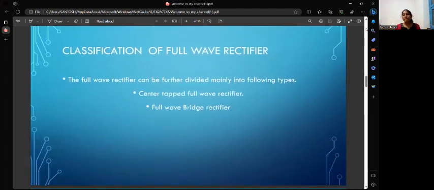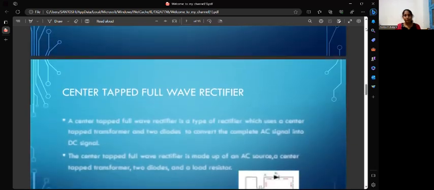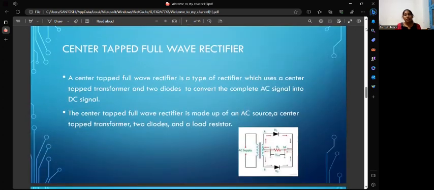These full wave rectifiers are classified into two types: center tap full wave rectifiers and full wave bridge rectifiers. Now let's go through center tap full wave rectifiers. A center tap full wave rectifier is a type of rectifier which uses a center tap transformer and two diodes to convert a complete AC signal into a DC signal.